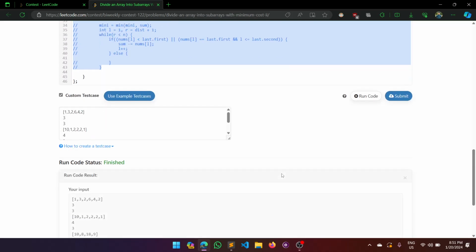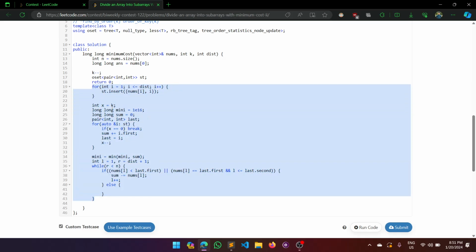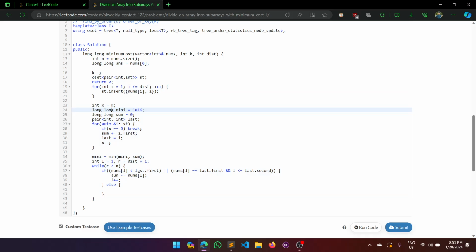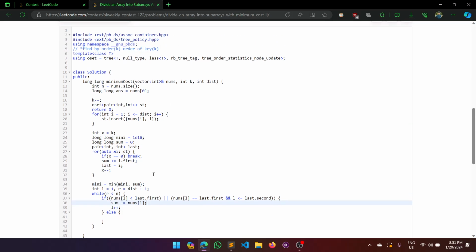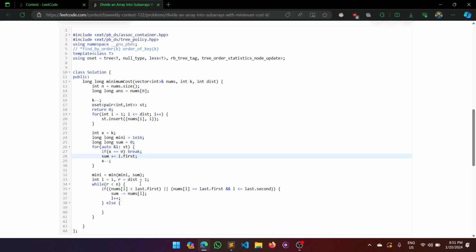Oh, set. Yeah, apparently it does. So yeah, we have last, right, so we can easily get it with find by order of key. Then we don't even need to maintain last. Yeah, and we can always have it dynamically.